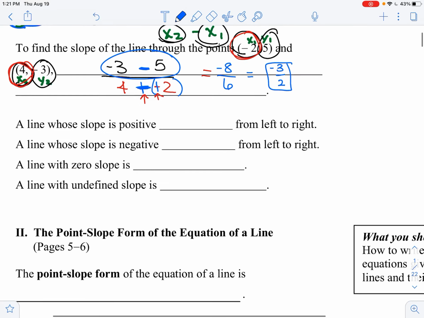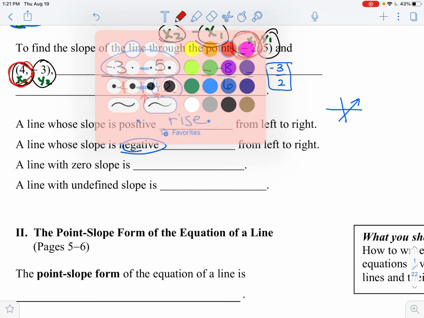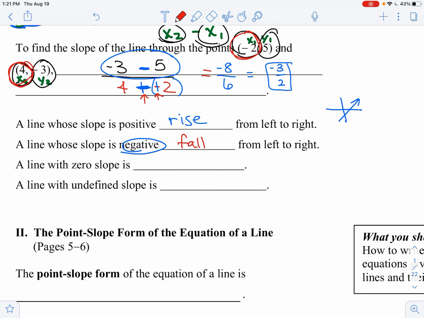So let's talk about what different types of slopes there are. A slope that is positive will rise from left to right. So looking like this, it's going to go up to the right. A line whose slope is negative is going to fall from left to right, meaning it's going to go down to the right.